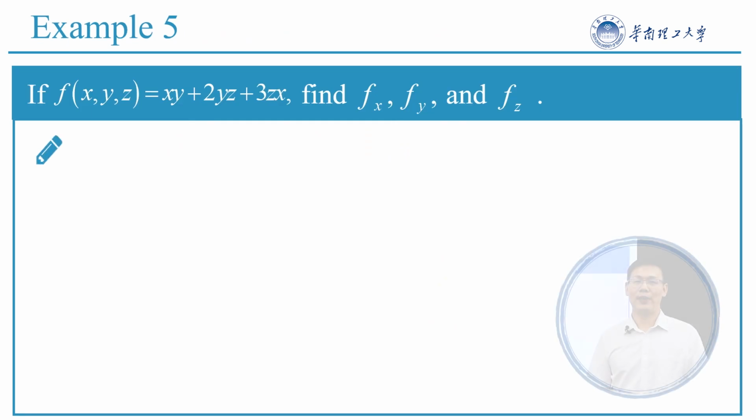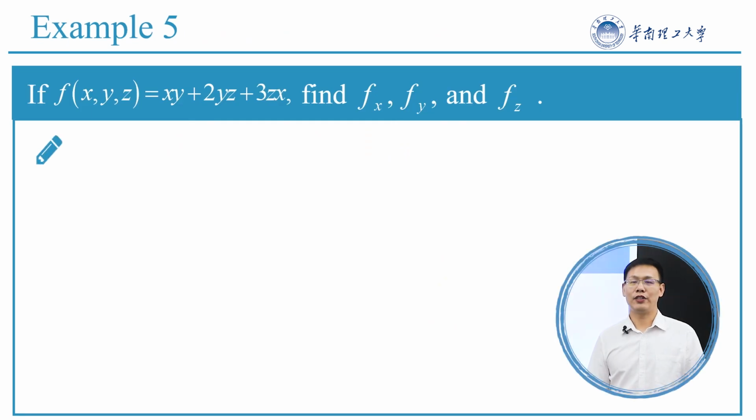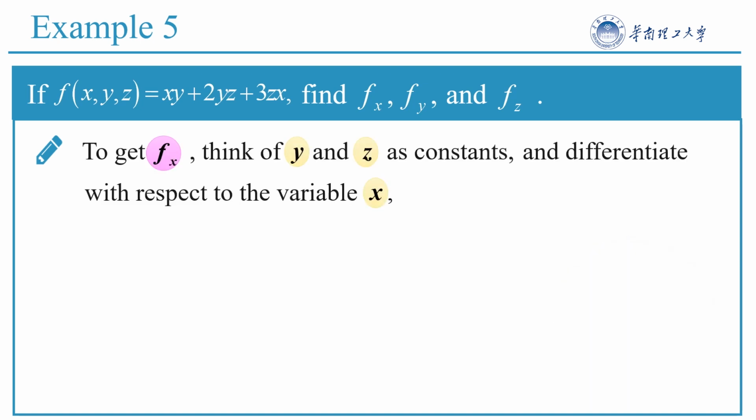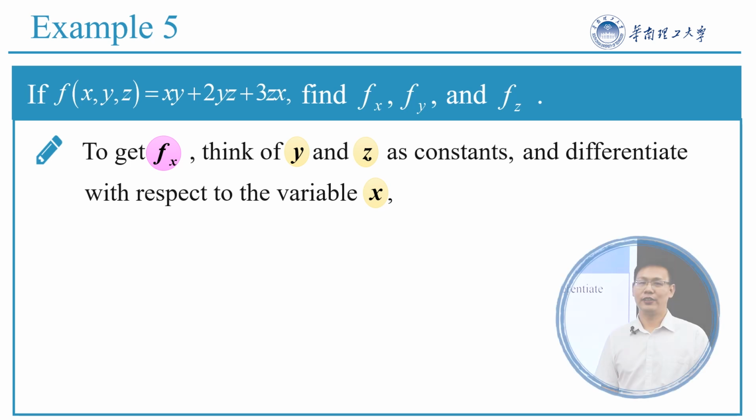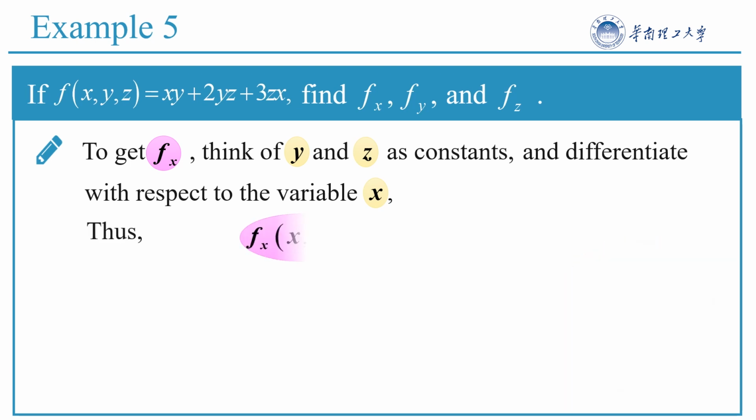Example, find the 3 partial derivatives of f(x,y,z). To get the partial derivative of f about x, take y and z as constants. Find the derivative about x. We obtain that the partial derivative is y plus 3z.